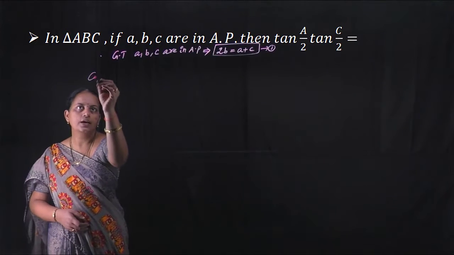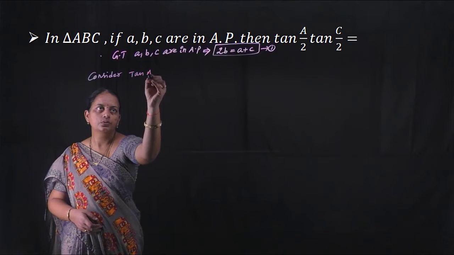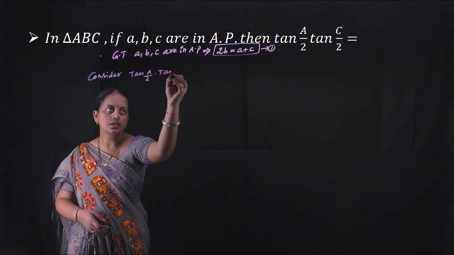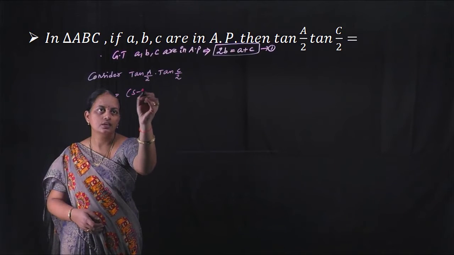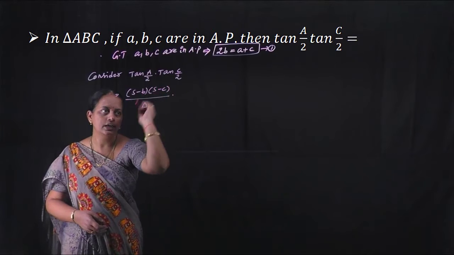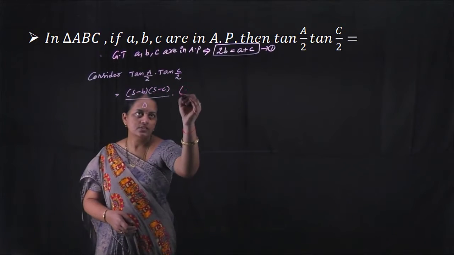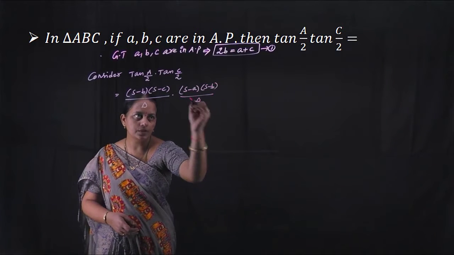Now consider tan A by 2 into tan C by 2 is equal to, tan A by 2 means S minus B into S minus C by delta, into tan C by 2 means S minus A into S minus B by delta.